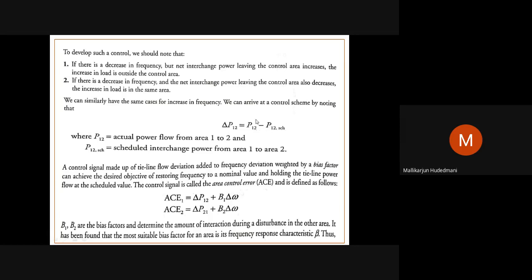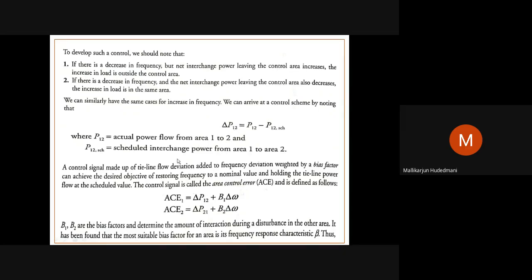What is this? P12 is what is flowing from 1 to 2, and P12 schedule is what is expected to flow from 1 to 2. That is called mismatch power. So we can say actual power flow from 1 to 2 and scheduled power flow from 1 to 2. This difference is called the infinitesimally small change in tie line power flow.